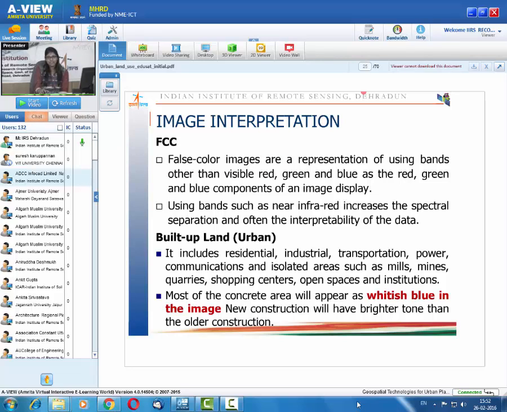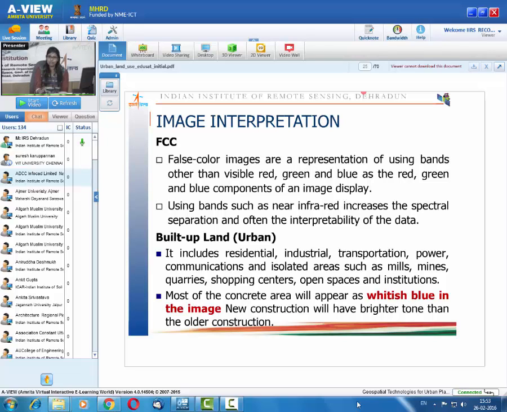As I said, when we are making a level 4 classification system, it has to be very detailed. So for detailed work, digital image processing is not going to be of help. We have to digitize each and every boundary and assign it to a certain category. So for that, image interpretation is key.